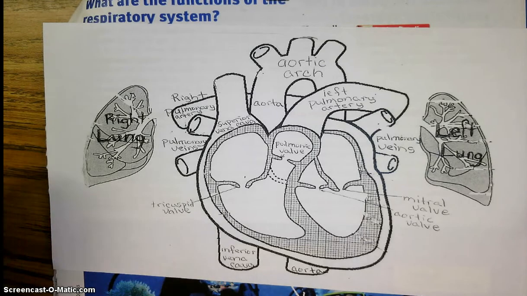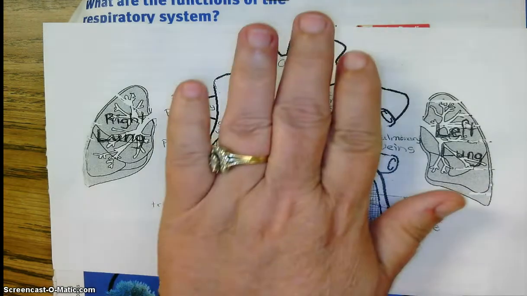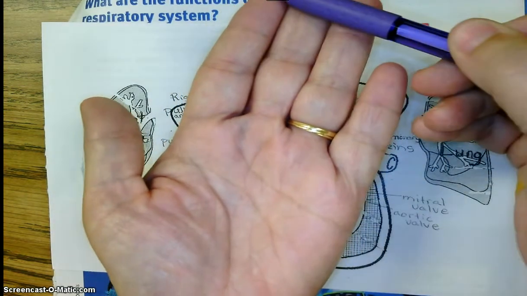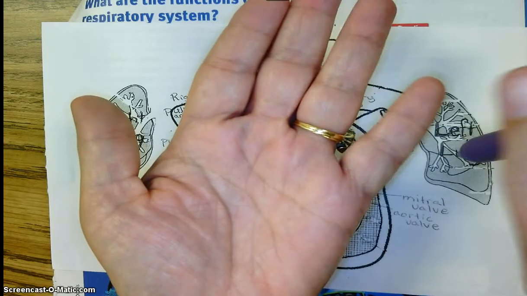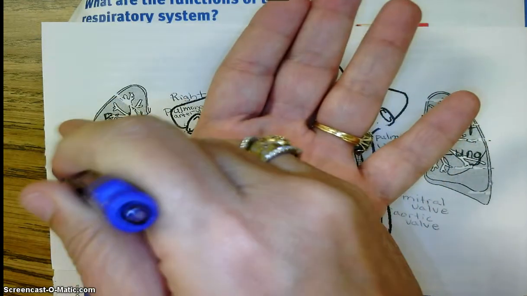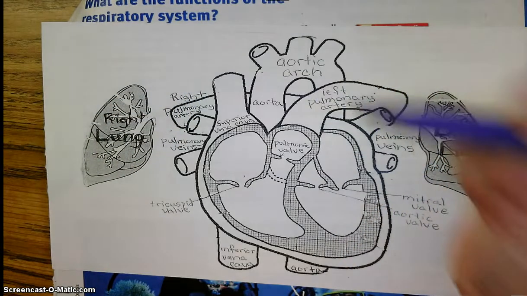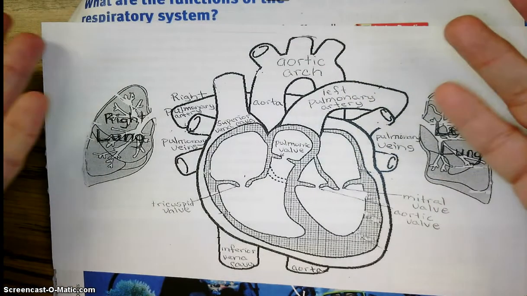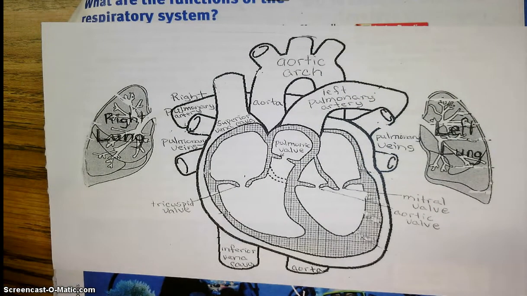So pretend that you have a person that's laying on their back, right? And if they're on their back, this is their head, and then this would be their left, and this would be their right. So it's not your right and your left, but it's the patient's or the person's right and left. So it's backwards, actually, to what you're looking at, okay?